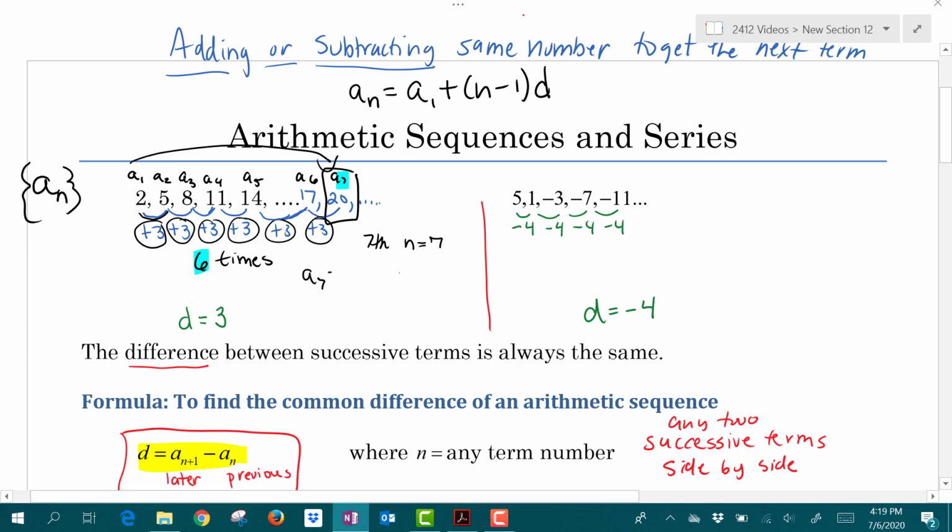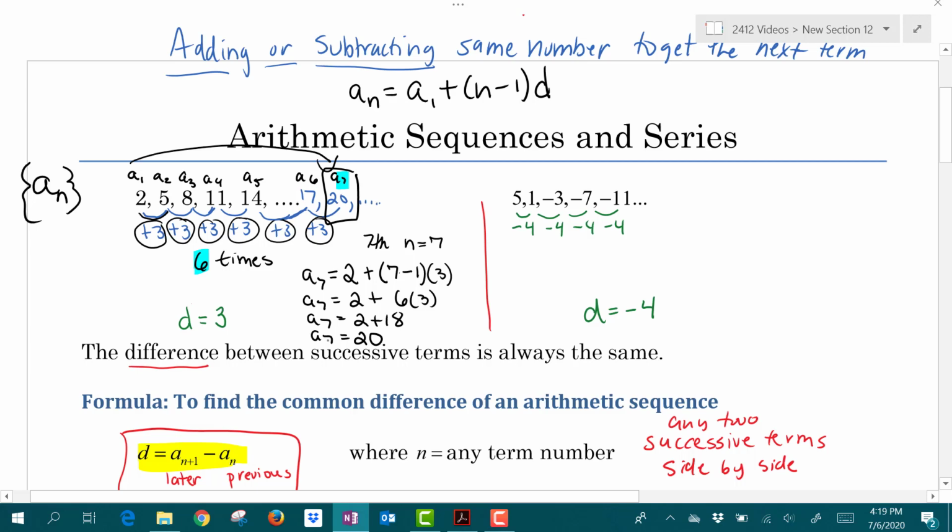So the 7th term of the sequence will be the first term of the sequence, which is 2, plus n minus 1 times the common difference of 3. Start to simplify there. 7 minus 1 is 6. 6 times 3 is 18. So we get that the 7th term of the sequence has a value of 20.